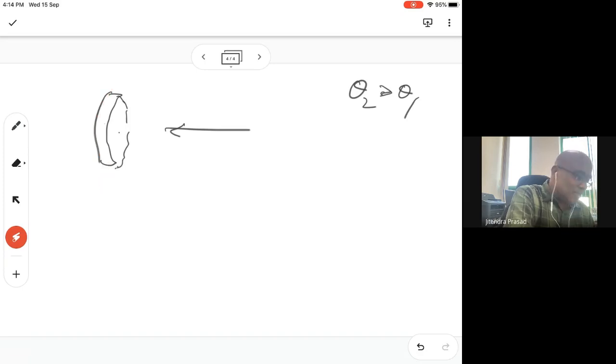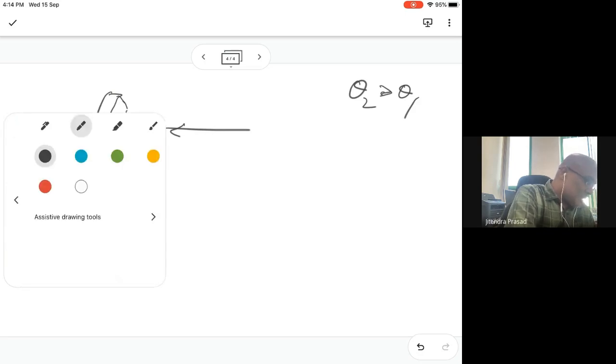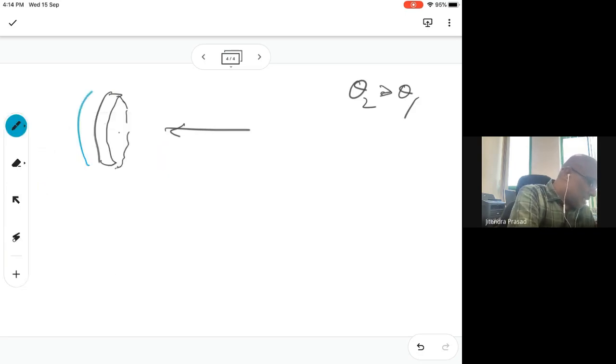So if this has moved anti-clockwise, there will be a clockwise force on that, and its value will be k(θ2 minus θ1). There is no other force.